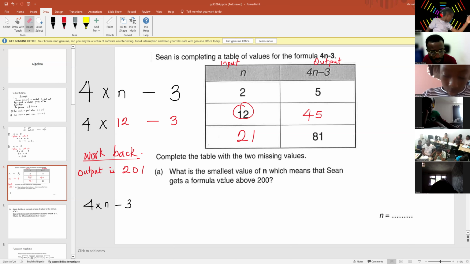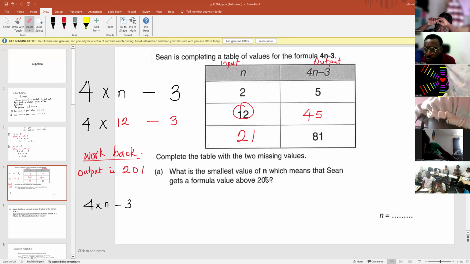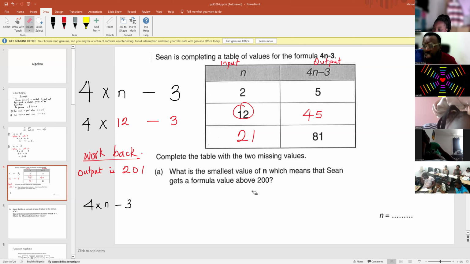What is the smallest value of n, which means that Sean gets a formula value above 200? Okay, so we want to know the value of n that would be the input. A number above 200. Then I ask, what is the smallest whole number above 200, Isabella?